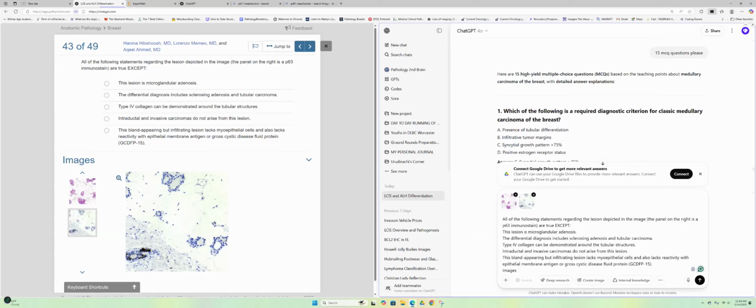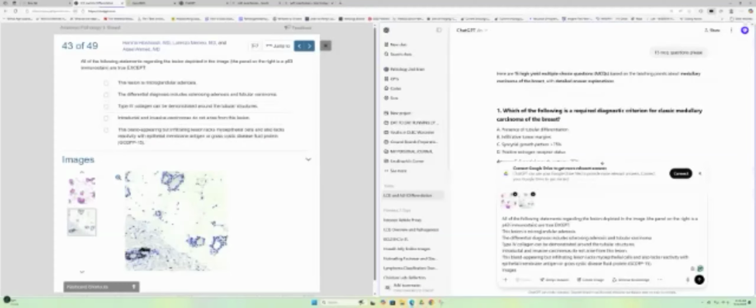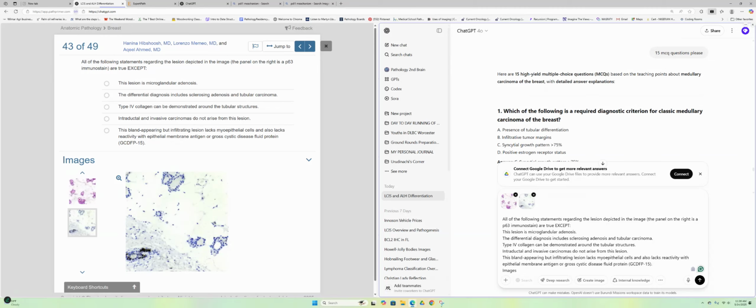Intraductal and invasive carcinomas do not arise from this lesion. That's false. This bland appearing but infiltrating lesion lacks myoepithelial cells, and that's true. It lacks reactivity with... but it doesn't lack reactivity with GCDFP-15. It's EMA positive, right? And is GCDFP-15 positive? But EMA lacks, okay.